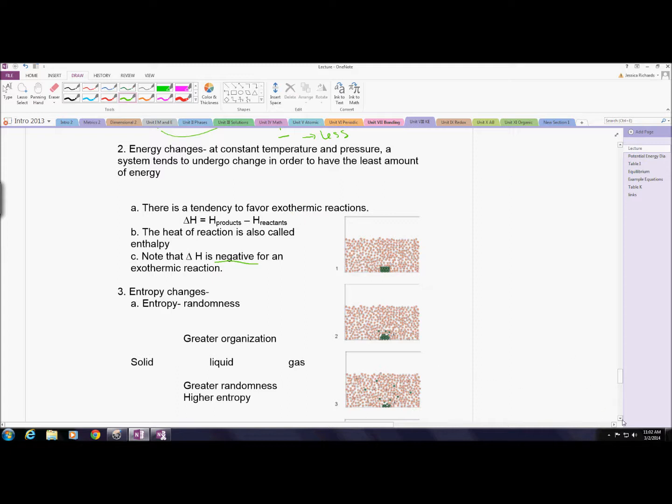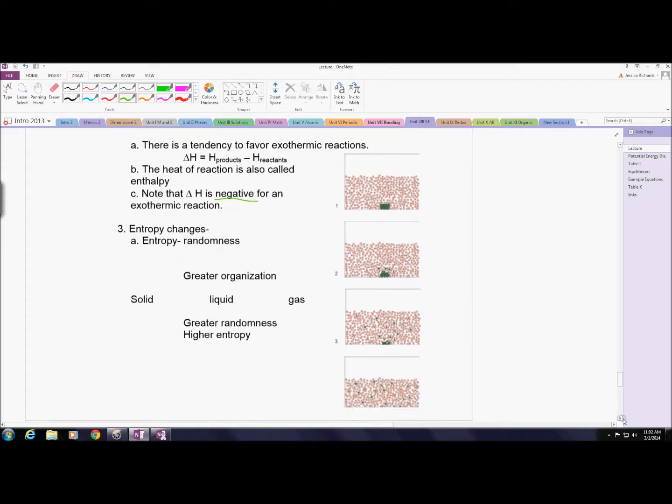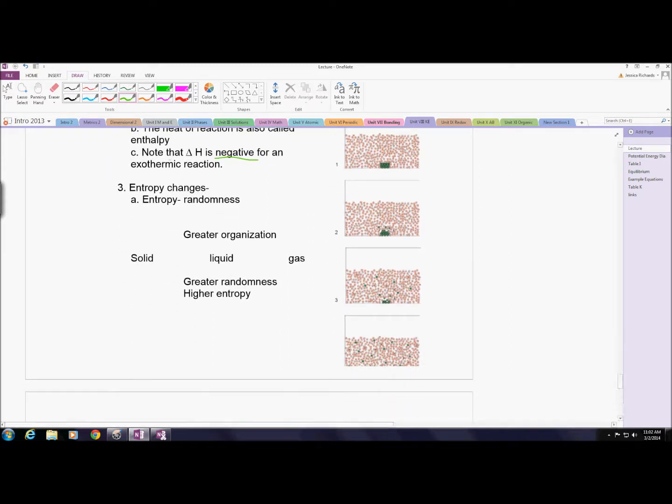Entropy is randomness. When we talked about phases of matter, we said that solids are in nice, neat patterns. Liquids are random but close together, and gases are random and far apart. So gases would have the most entropy, and solids would have the least amount of entropy.